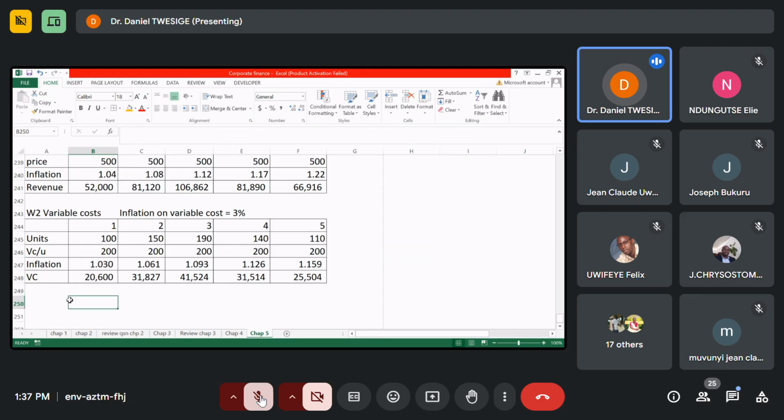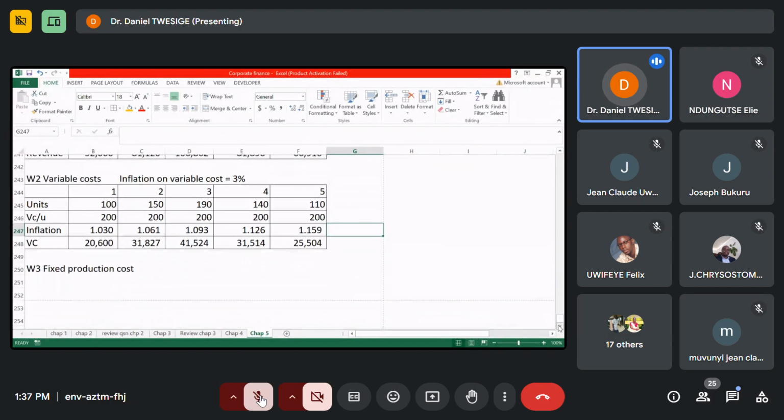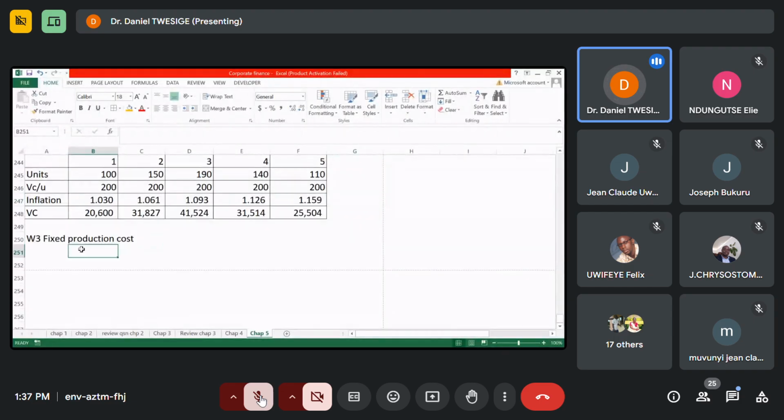I can now look at working 3, which is going to be my fixed costs or fixed production cost. So what do I have here?